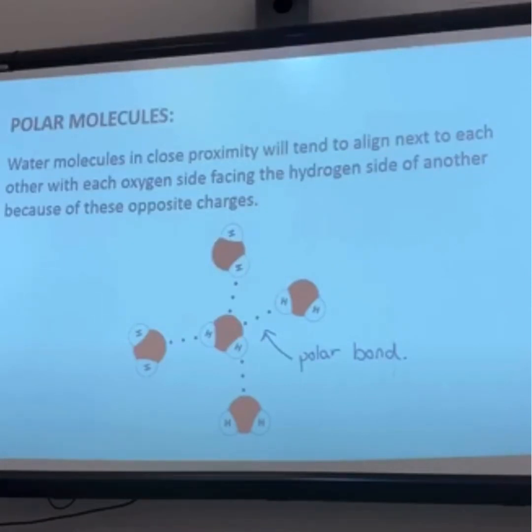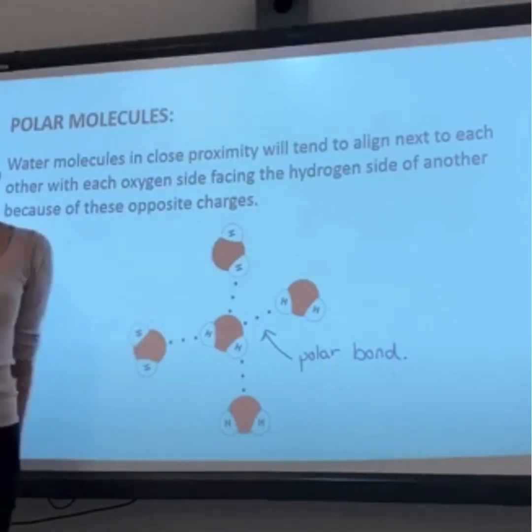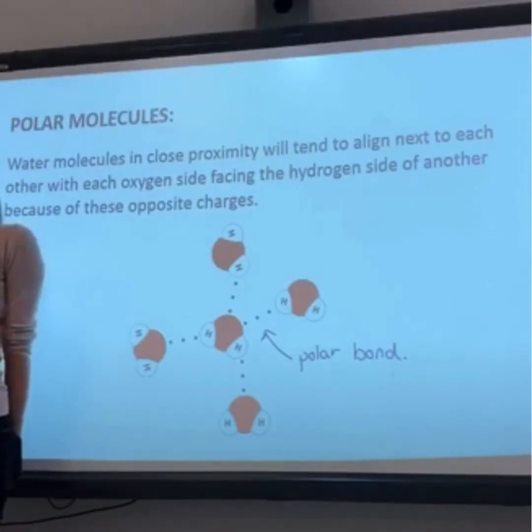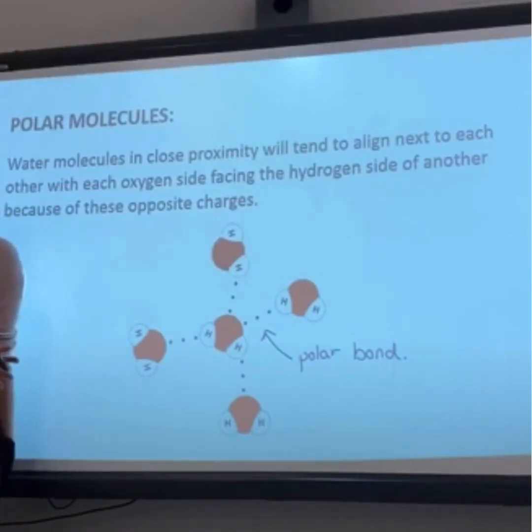Polar bonds are not a huge part of the course. You only need to know about polar bonds with respect to water. You can't get asked about polar bonds for any other type of molecule, only water. So that might help a little bit because you don't have to think about other elements.